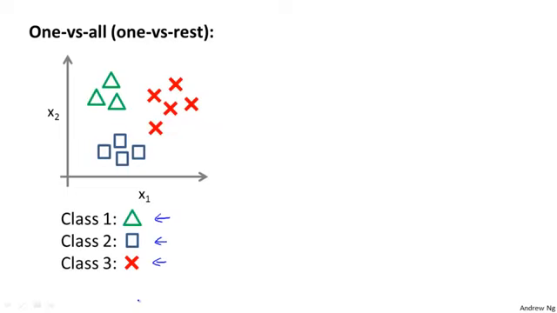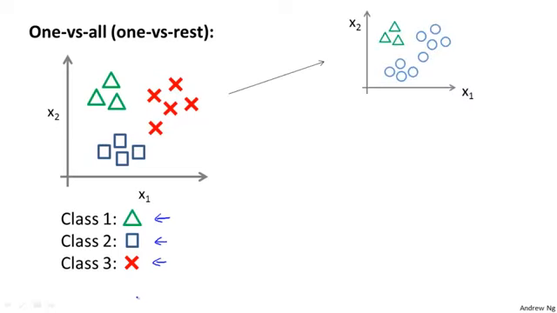So let's start with class 1, which is a triangle. We're going to essentially create a new sort of fake training set where classes 2 and 3 get assigned to the negative class, and class 1 gets assigned to the positive class. We're going to create a new training set, like that shown on the right, and we're going to fit a classifier, which I'm going to call h subscript theta superscript 1 of x, where here the triangles are the positive examples and the circles are the negative examples.